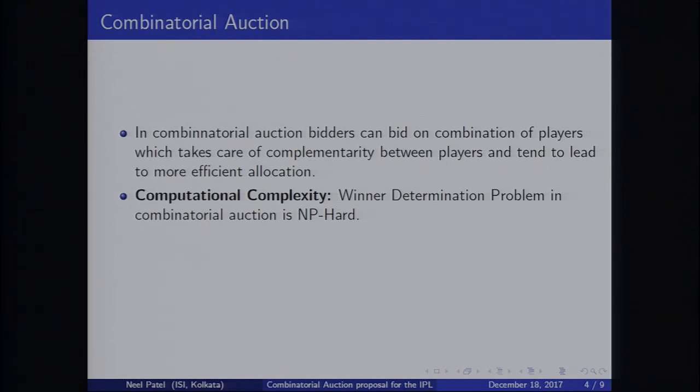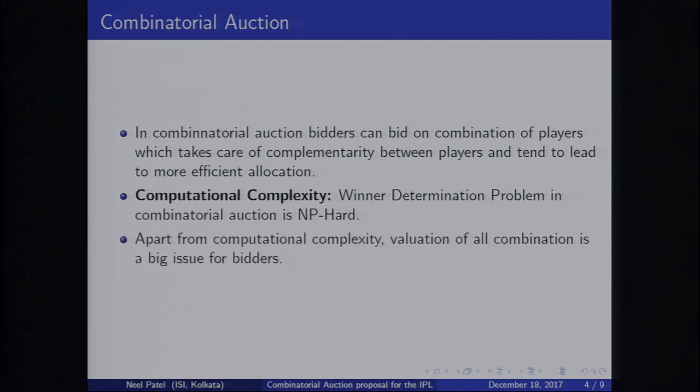If you talk about batsmen, only 2 batsmen are playing, or pairs of fast bowlers. So I put an assumption on complementarity. A combinatorial auction is also difficult because the bidder has to evaluate exponentially many bundles.